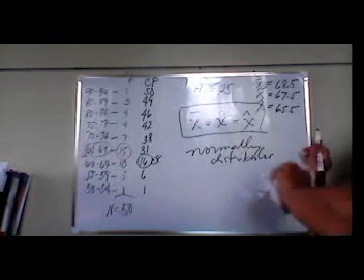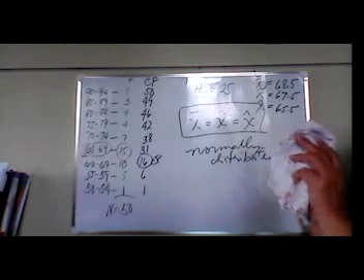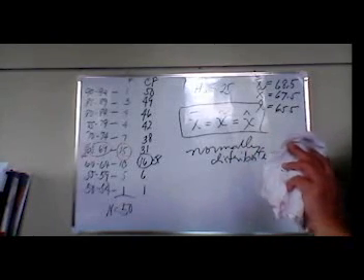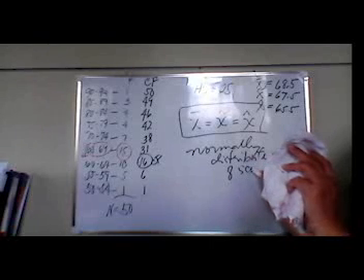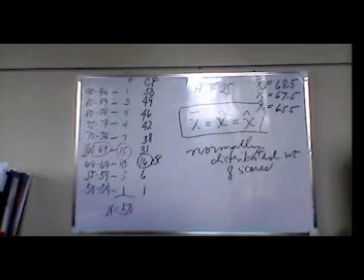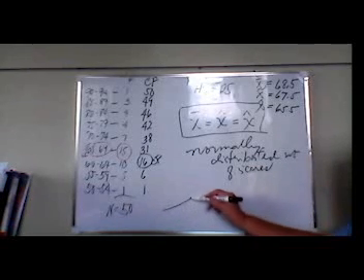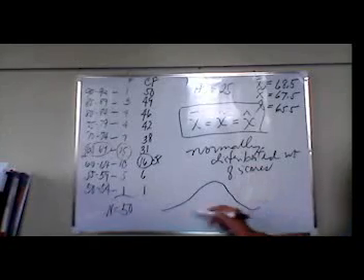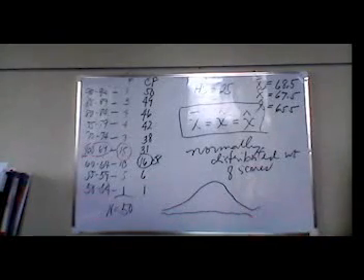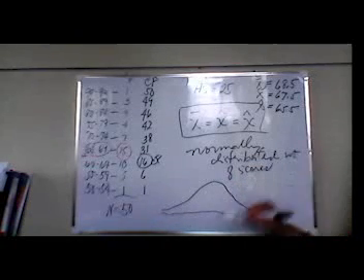Meron kang tinatawag natin na normal distribution. Okay. And if you are going to plot the scores or make a frequency polygon for that scores, you will have a normal distribution, so to speak. A normal curve.